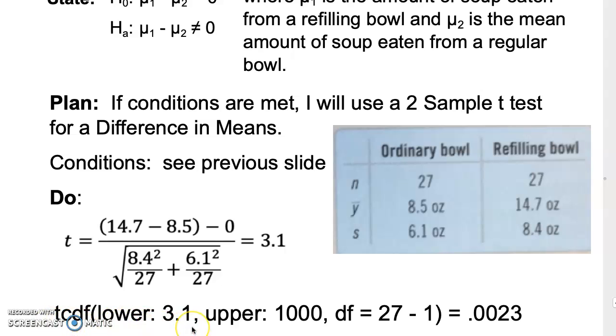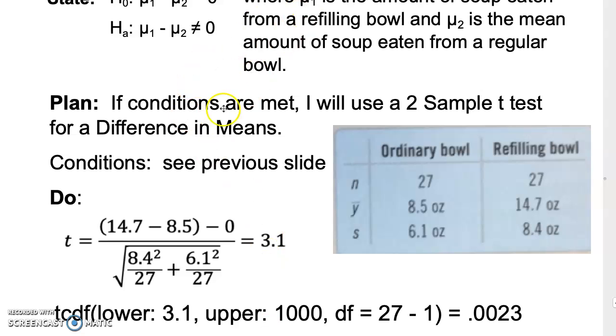Lower 3.1, which is right here, upper 1,000, because we want to know the probability that it's... actually this should be a two-sided test. So we're going to use this t value, lower, upper, degrees of freedom 27 minus 1 gives us this, and then we have to double it. So we multiply this times 2 to get our probability of 0.0046.